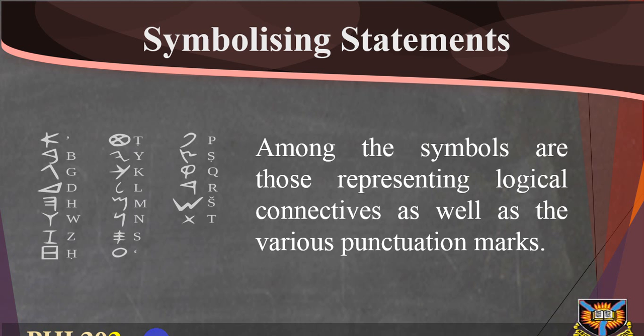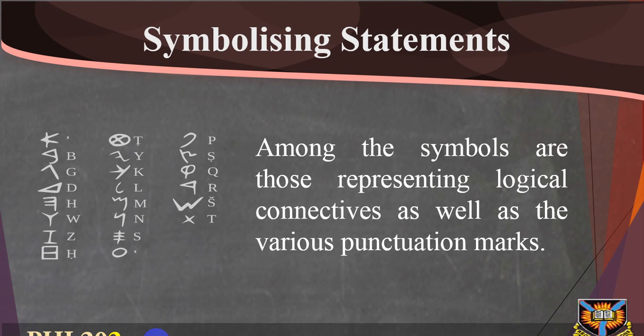3. Anambra and Benin will not both win their conference championships, but Calabar and Delta will both not win the Super Bowl. Not bracket open, A and B, bracket closed, and bracket open, not C and not D, bracket closed. 4.